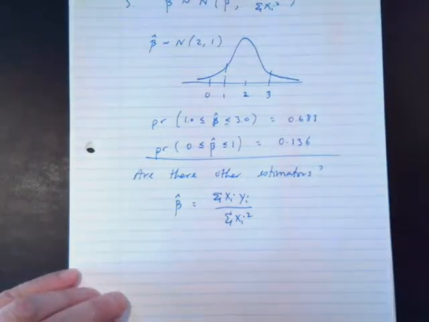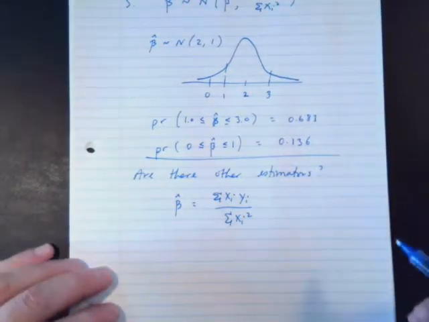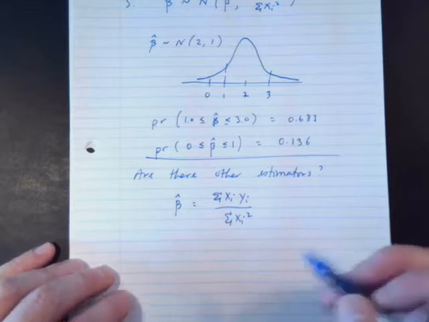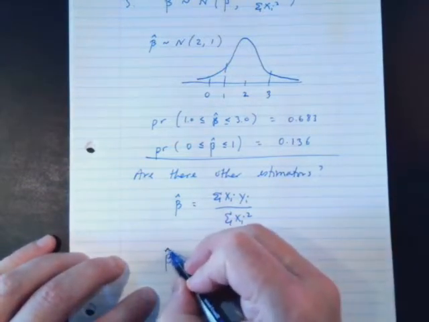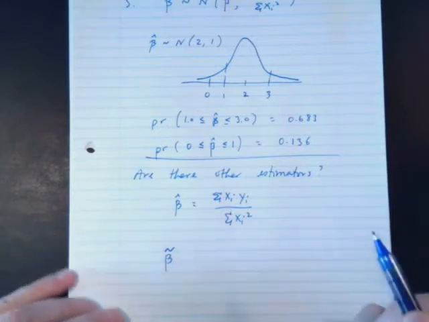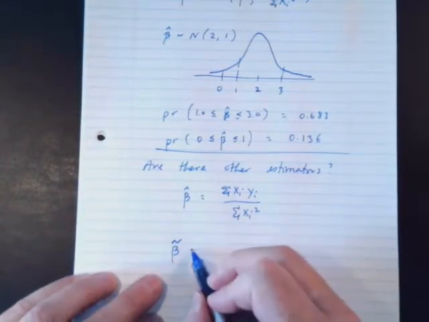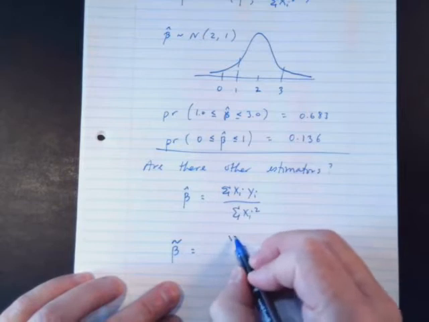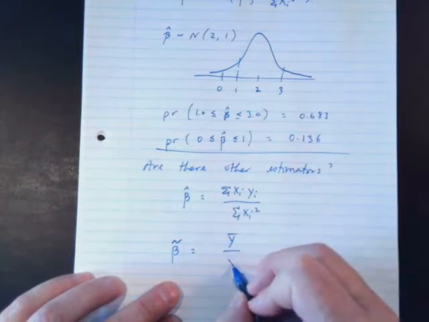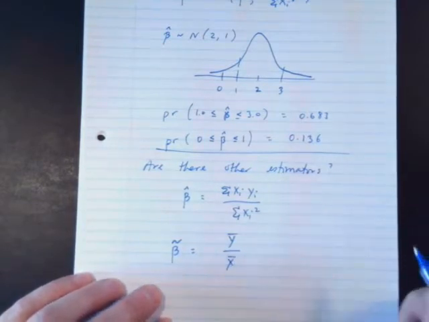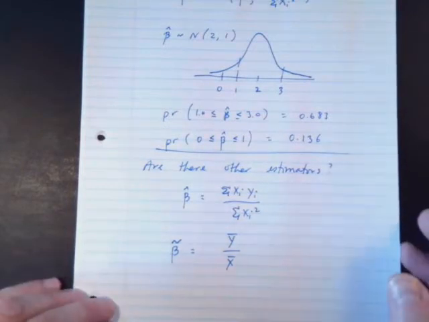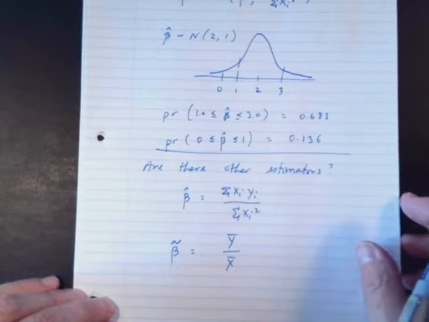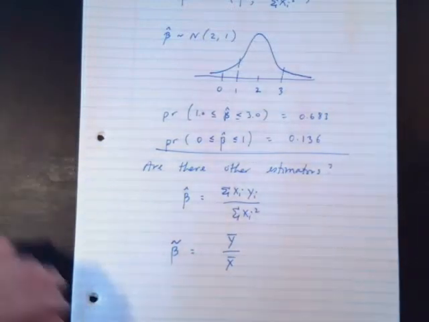And we've derived some properties of that. Well, what if we tried a different estimator? Let's call it beta, and I'll put a tilde on top rather than a hat, and it will be y bar over x bar. Okay, so the average value of y divided by the average value of x. Well, that's an estimator. That's a slope estimator.